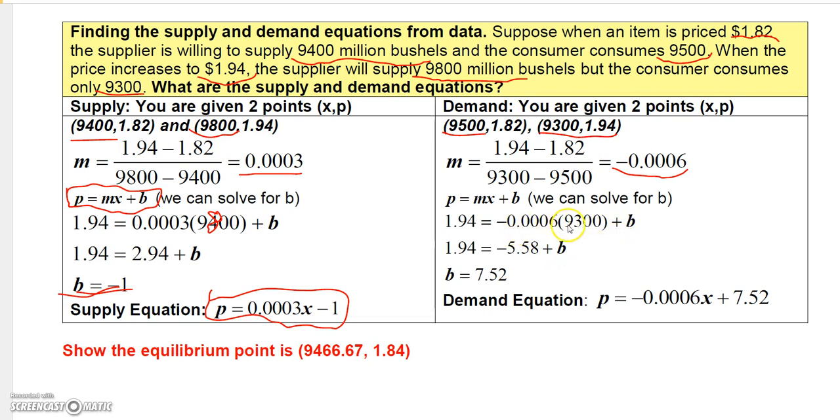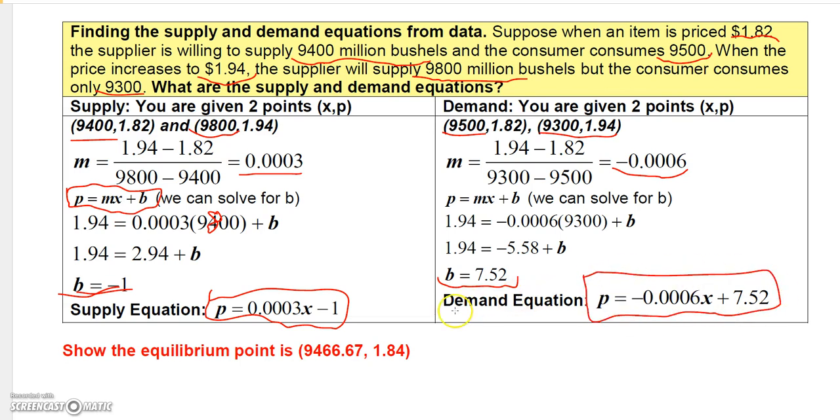When you multiply these two together, you get -55.8 plus b, and that equals $1.94, and then just add 55.8 to both sides to get b equals 57.74. So now we have the slope is -0.006 and the b is 57.74. That gives me my demand equation.